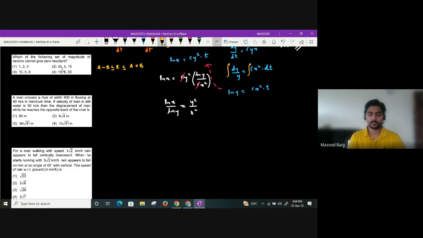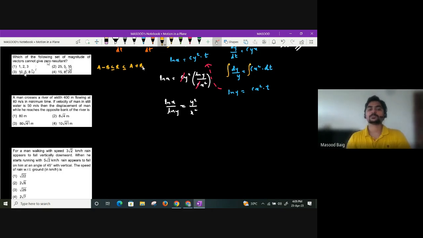Okay, 25, 5 and 15, you'll get 20. Yes or no? You know the property of triangle, sum of two sides should always be greater than the third side or not? Which of the following sets of magnitudes of vectors cannot give zero resultant?